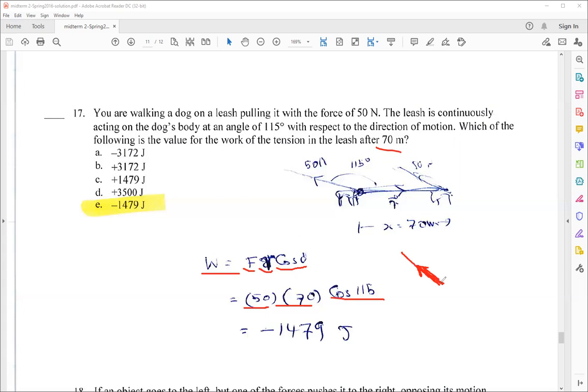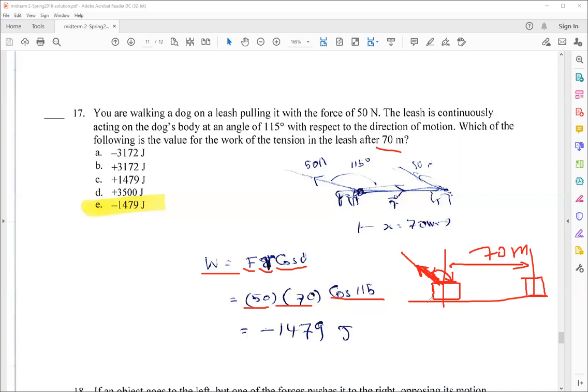The dog is here, so let's say this cube here is the dog. And while you're applying that force, this is the angle it's making. So while you're applying this force, the object is moving this distance, 17 meters.